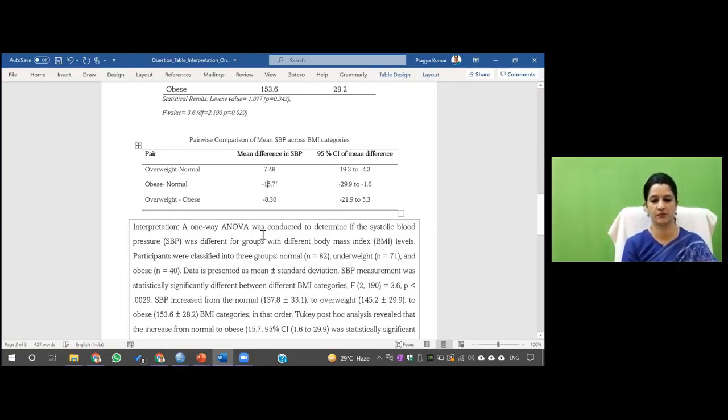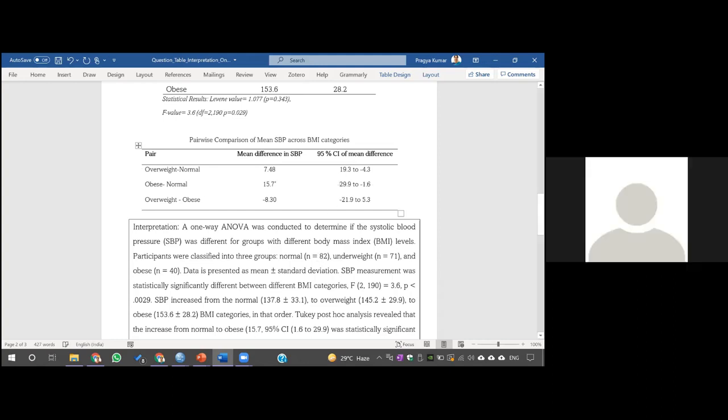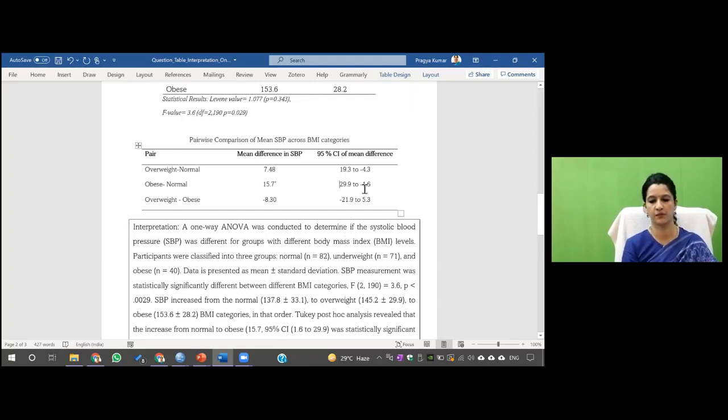This I'll remove, and I'll remove this negative sign, because now everything will be in positive. And I'll do this, obese minus overweight. I'll remove the sign also. So is it okay? Ideally it should have been like this.